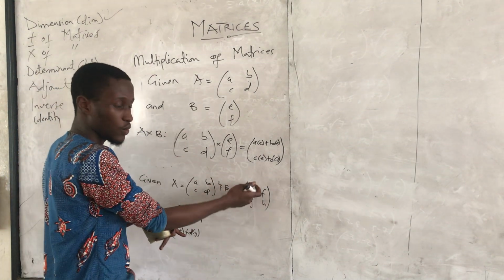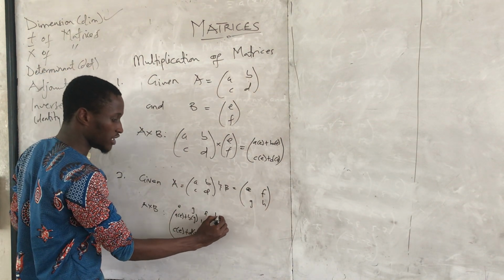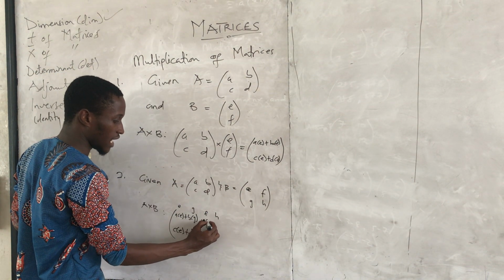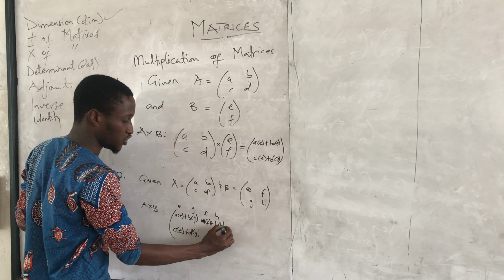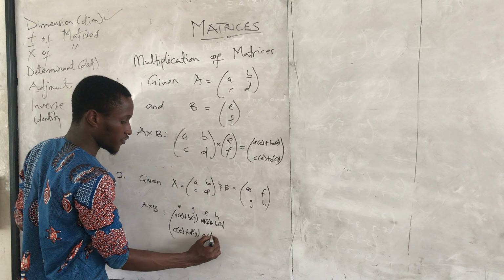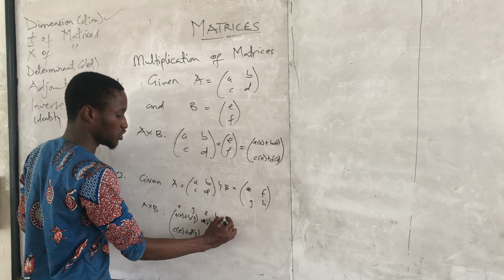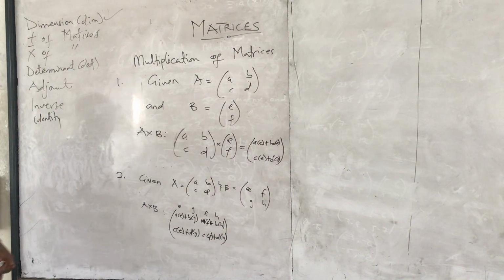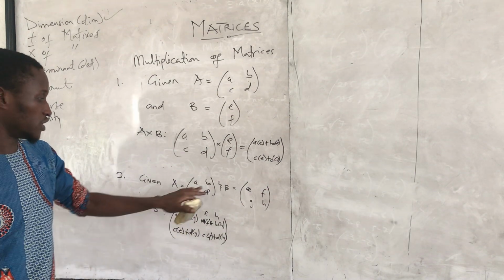Then we take the second one, the F and the H, and go through the same process. So F and H, so we have A times F plus B times H, then C times F plus D times H. That would be the resulting answer for the 2 by 2 matrix for each of them.